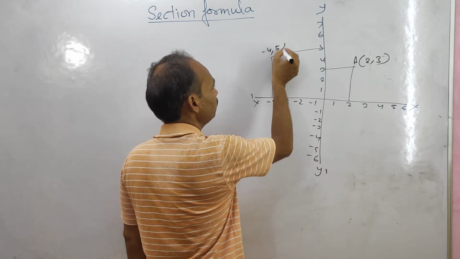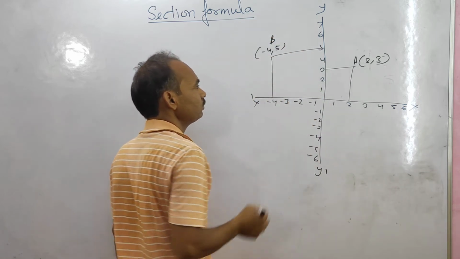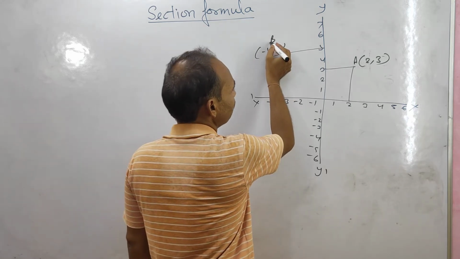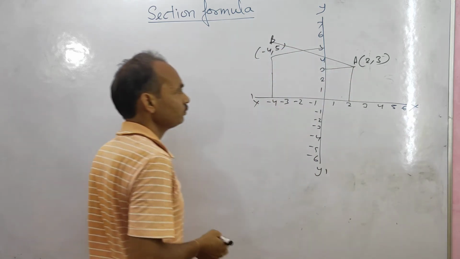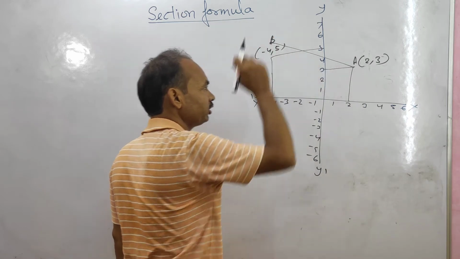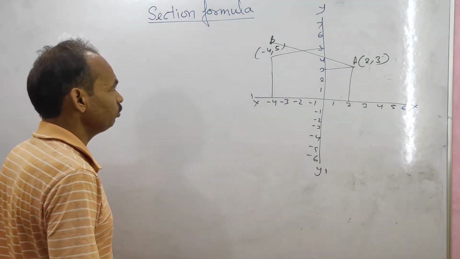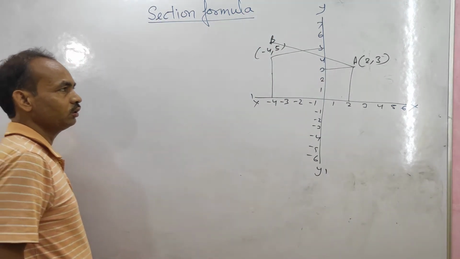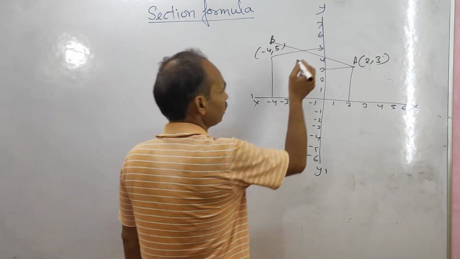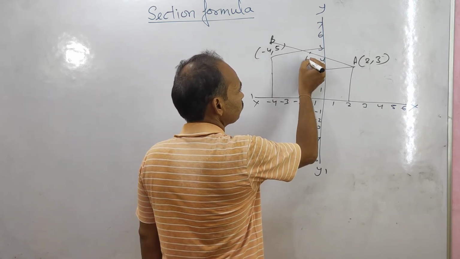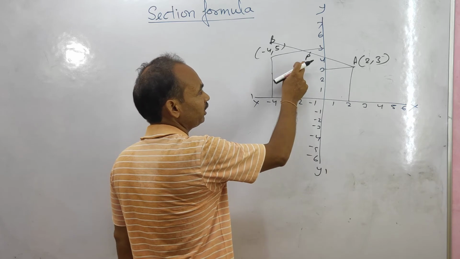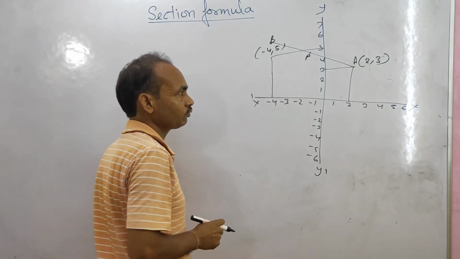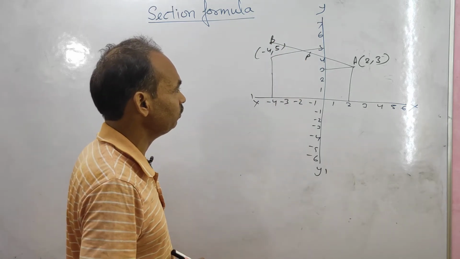A and B form a straight line. If you divide the line AB at any point P in any ratio, what is the coordinate of this point P?